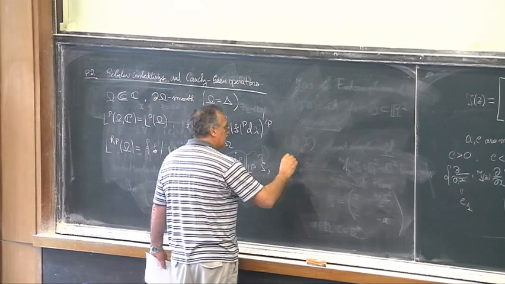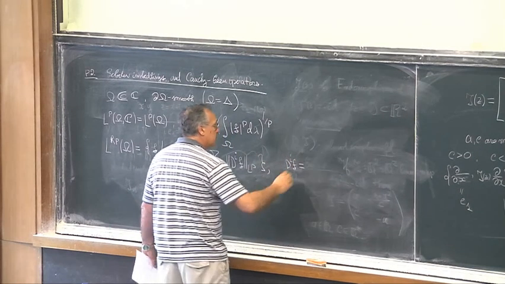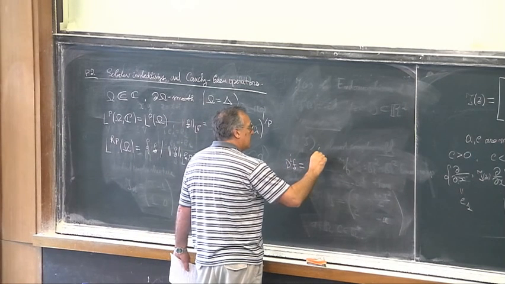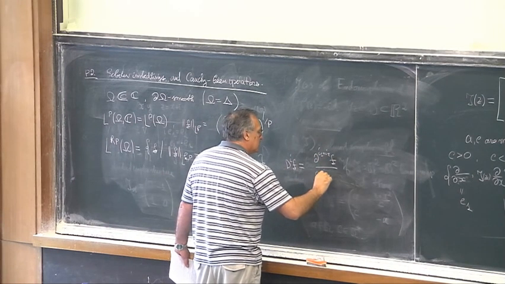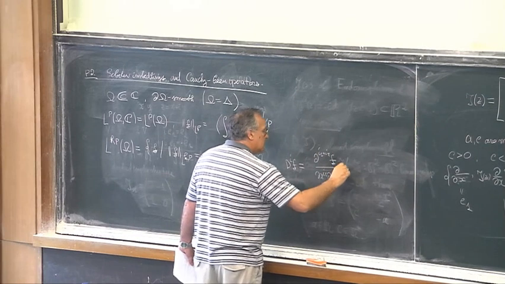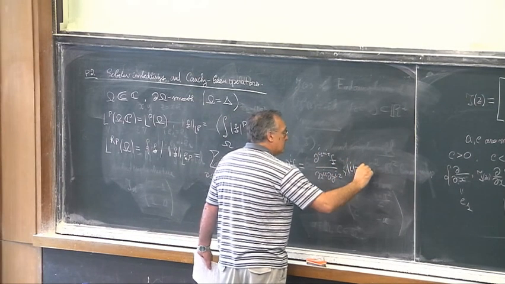D^i of f is the derivative d^(i1 plus i2) f over dx^i1 dy^i2, with modulus i equal to i1 plus i2.